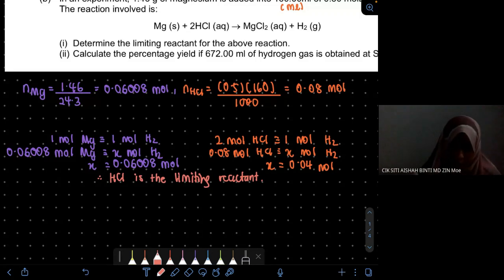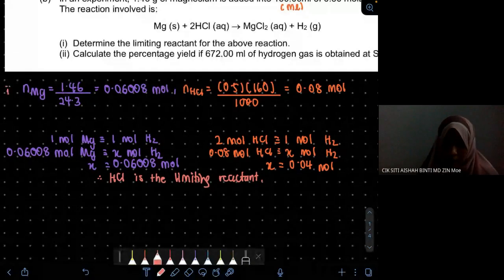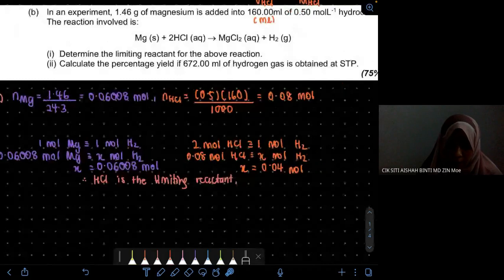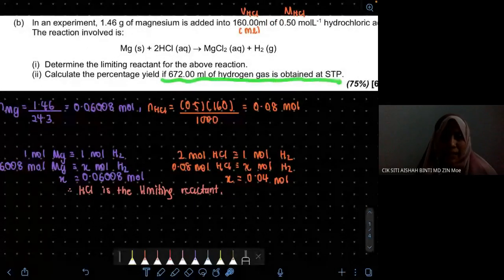Okay, so for question number 2, dia kata calculate the percentage yield if 672 ml of hydrogen gas is obtained at STP.